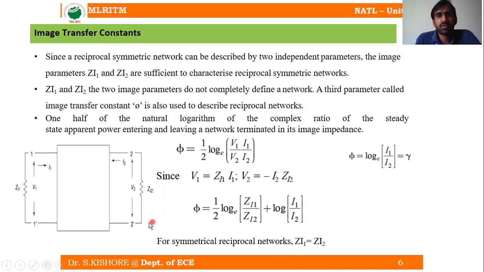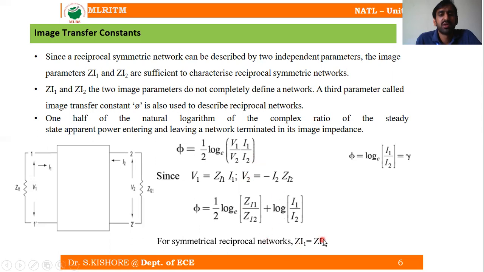In a two-port network characterization, the image transfer constant phi can be defined as 1/2 of the natural logarithm of a complex ratio of the steady state apparent power entering and leaving the network terminated in its image impedance. So phi is equal to log base e of V1 I1 divided by V2 I2.